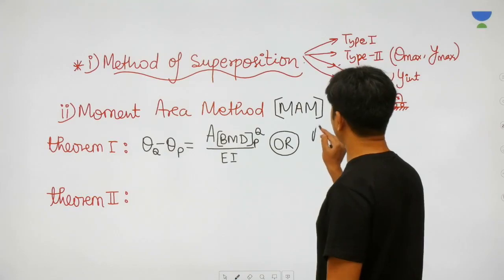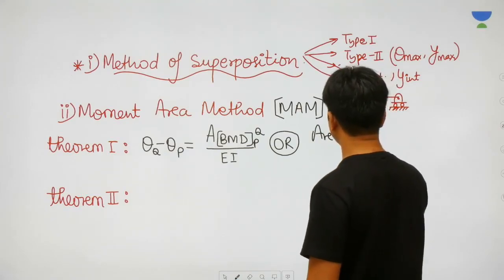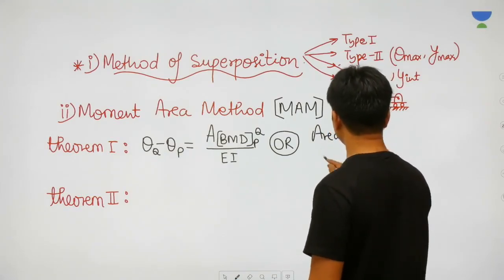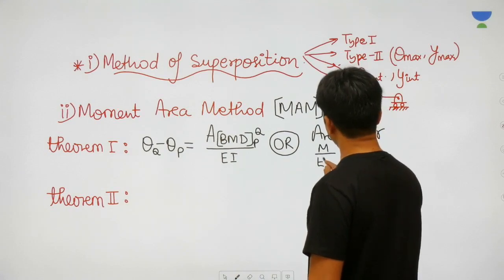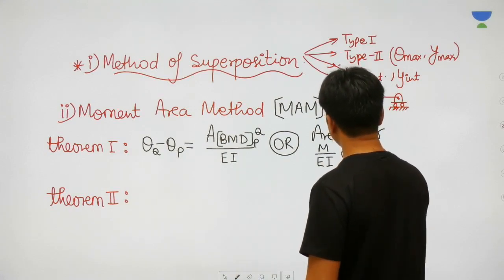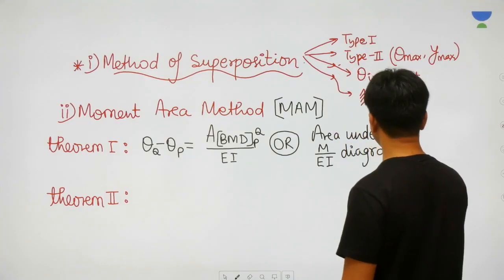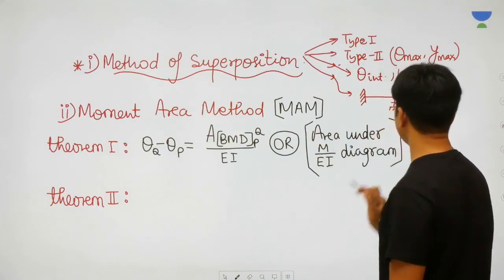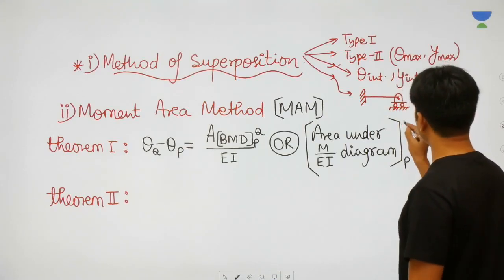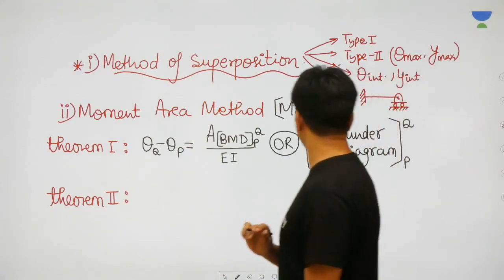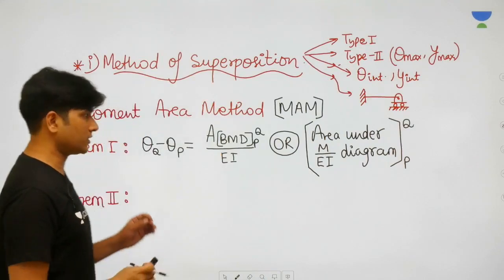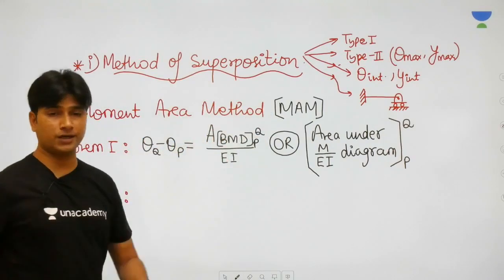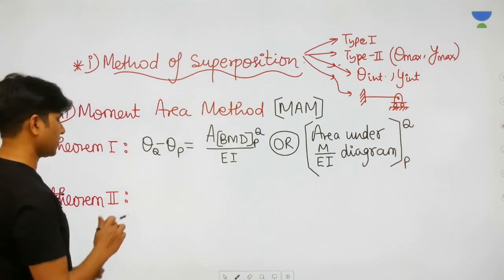That modified bending moment diagram will be known by the name M by EI diagram. This will be needed whenever you have EI variable. If you have EI value variable, then we'll require this other technique, the area under the M by EI diagram.